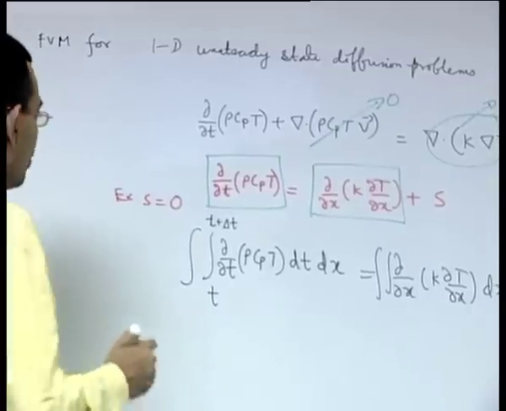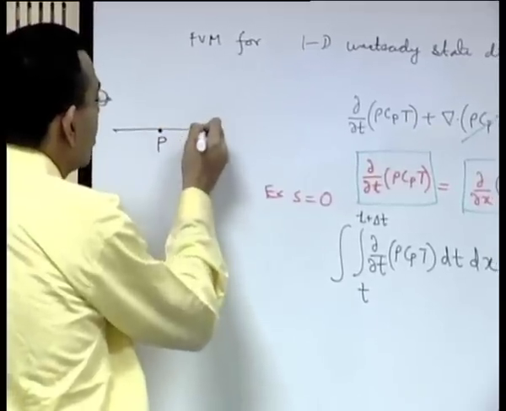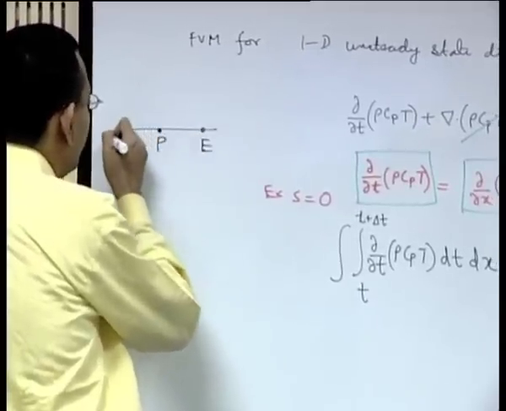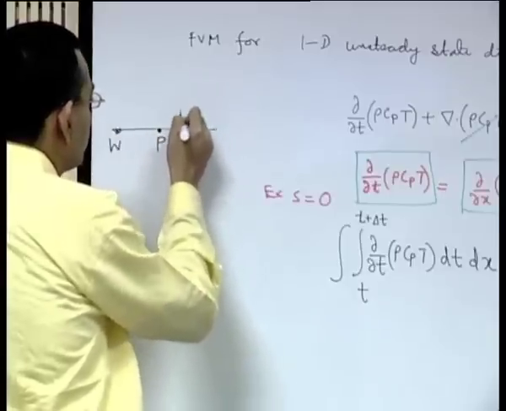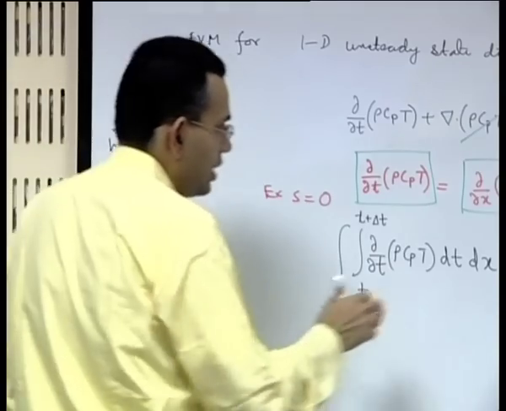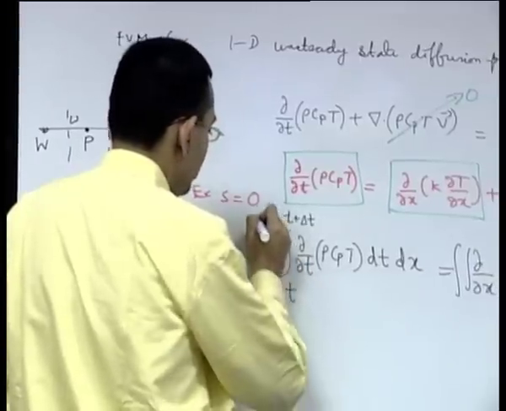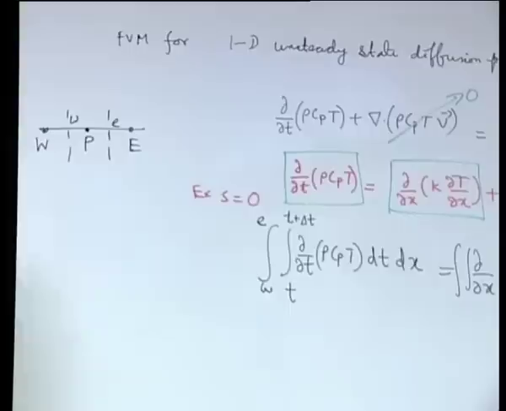What is the spatial domain? Let us keep in mind the discretization P, E, W, small e, small w. So what is the x domain? From small w to small e.